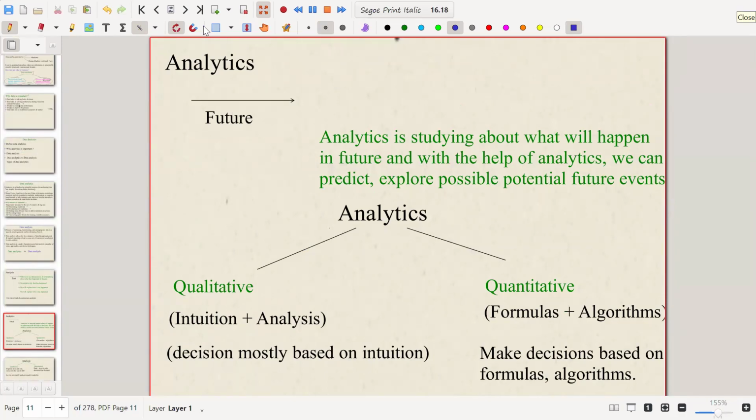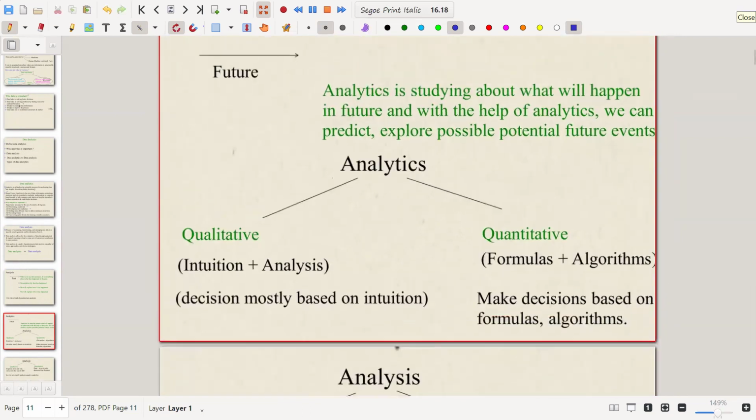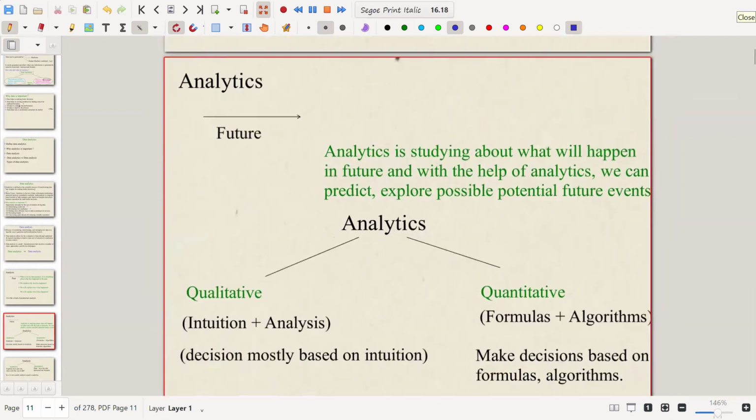Analytics is studying what will happen in the future, and with the help of analytics, we can predict and explore more potential options. So is it clear to you now what is analysis and what is analytics? Analysis is mostly about the past, whereas analytics is mostly about the future.